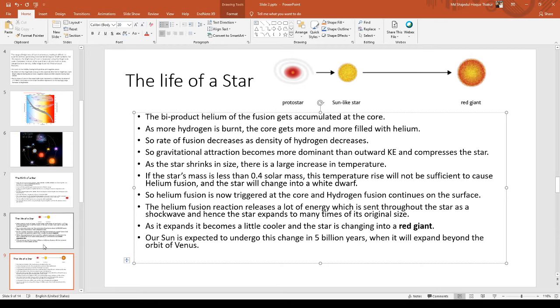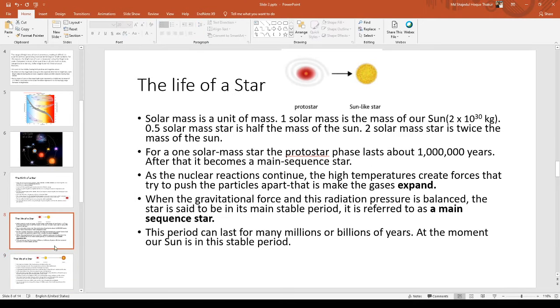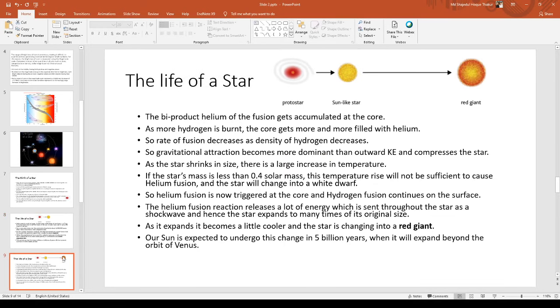So what was happening in the main sequence period? In the main sequence period, hydrogen was fusing with more hydrogen and forming helium, right? So where is that helium going? Hydrogen is bumping into hydrogen, causing nuclear fusion reactions and producing helium.